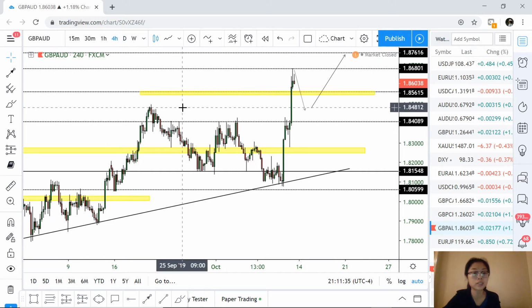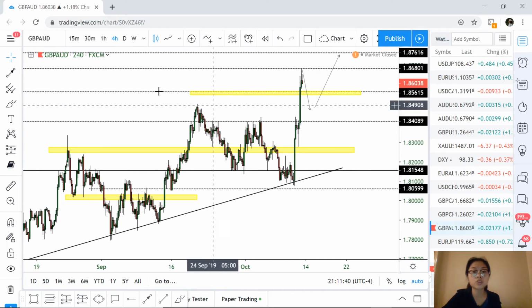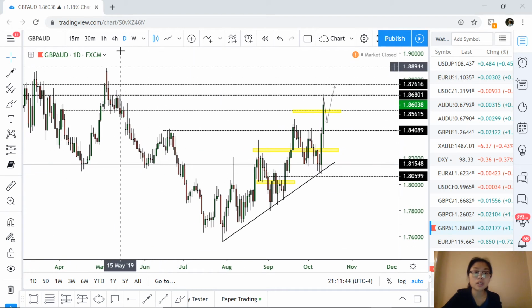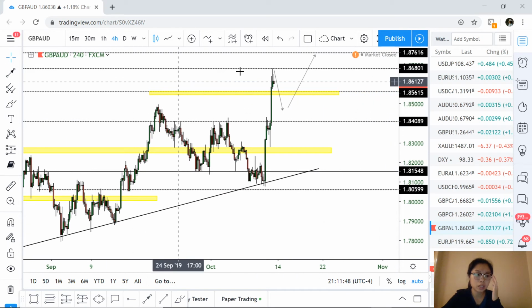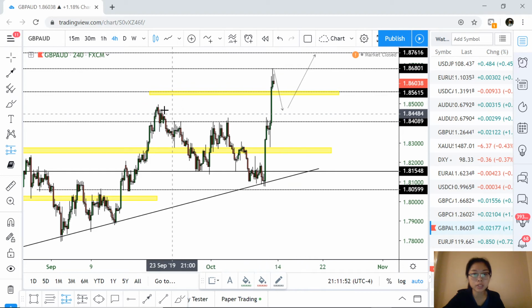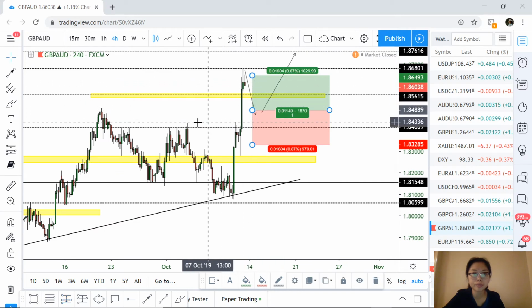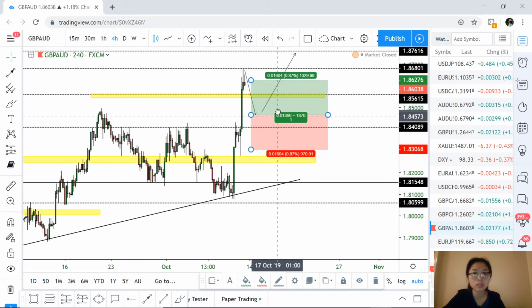Pound Aussie, same scenario, pullback before the next move up, assuming the momentum continues for this week. Right over here, pull back into a broken level of market structure, which matches up with that. If you guys want to come all the way down here, that's a good bet.